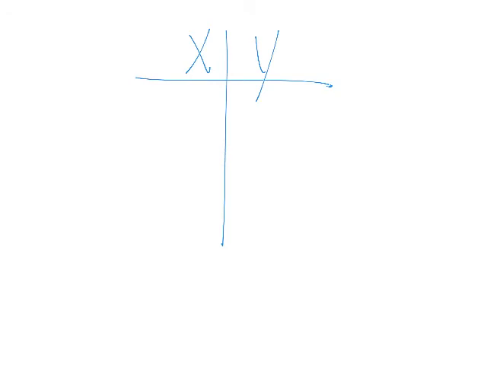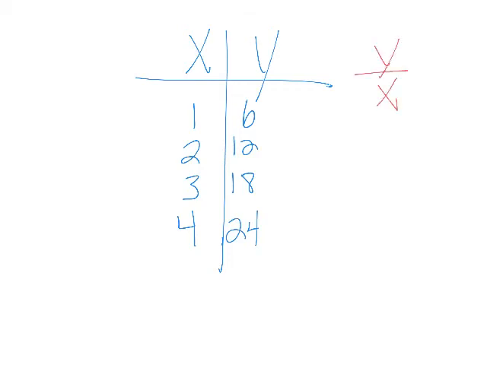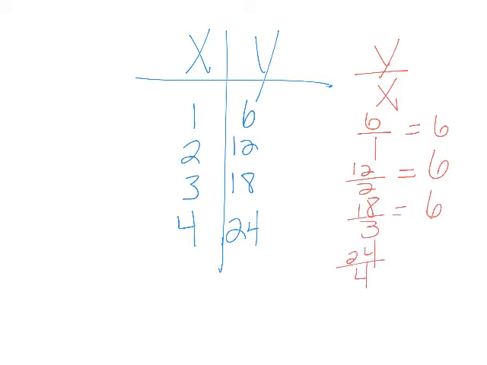Let's say we have this right here. Okay, so if we take all of our y's and do y divided by x, we get 6 divided by 1, which is 6. We get 12 divided by 2, which is 6. We get 18 divided by 3, which is 6. We get 24 divided by 4, which is 6.